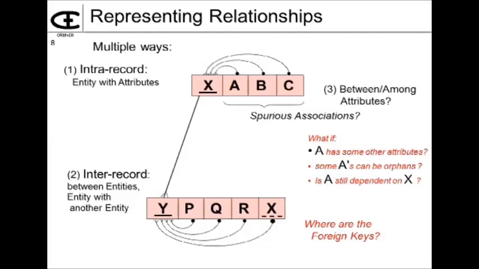If X has some other attributes, we need a separate table. If there are some orphaned A's, in other words, some A's that don't belong to an X, what do we have to do? We have to create another table for A.